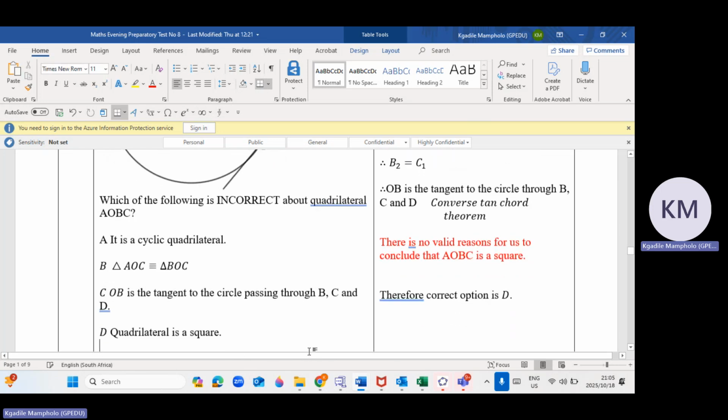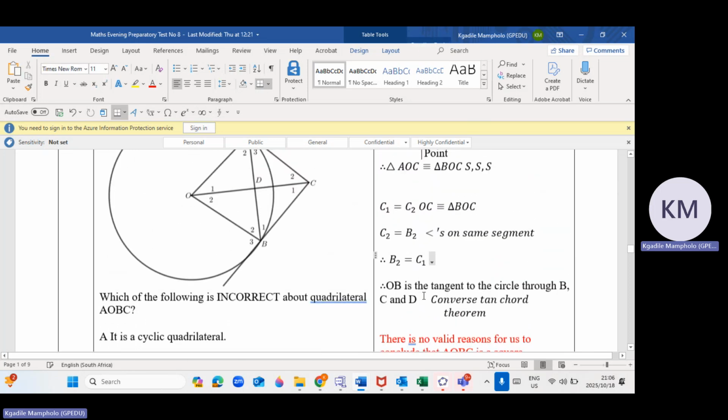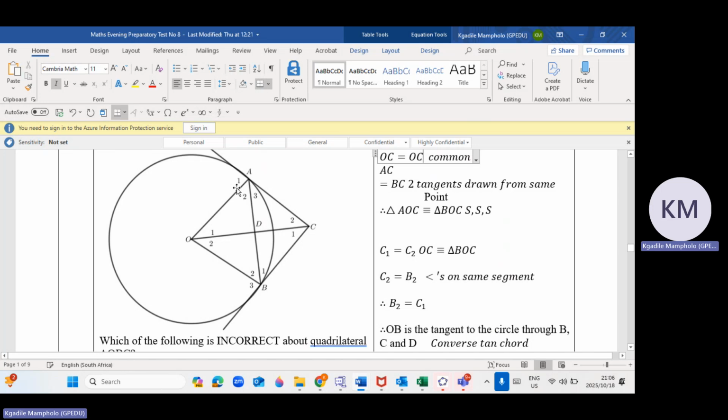D, the quadrilateral is a square. Is it a square? There's nothing that we can point out to justify that this is a square. Yes, two opposites are equal. It looks like a kite more than a square. For something to be a square, all sides must be equal. So there's no reason for us to say AO equals to AC.